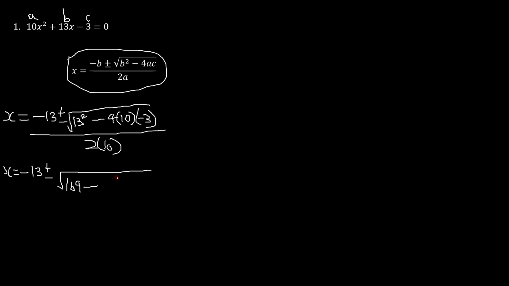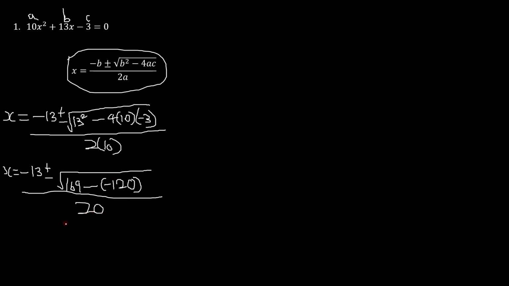So we say minus, and minus times minus will be plus here. But we still want to write minus, so close the bracket. All over 2 times 10, that's 20.